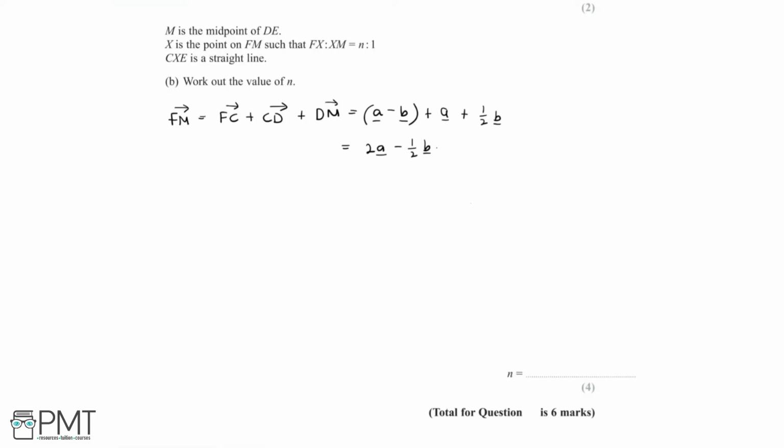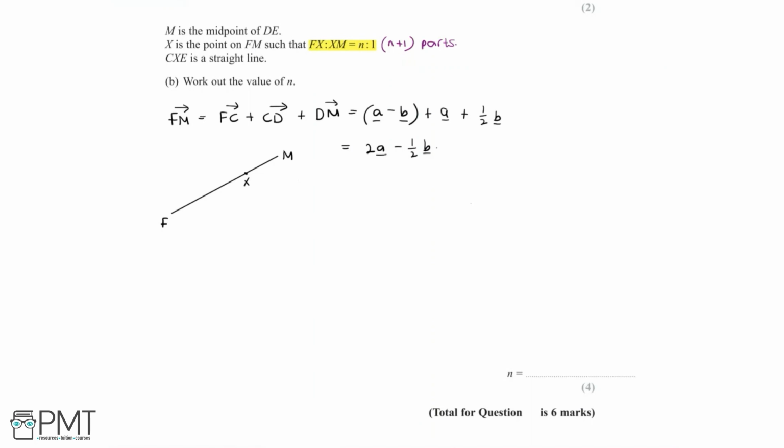Now let's see what this means in terms of our ratio, and we can use a diagram to help us. Well, we have the line FM in front of us, and X lies on this point, such that the ratio FX to XM is equal to n to 1. Now using this ratio, we can say that there are a total of n plus 1 parts. And so we know that FX has n of these parts, and XM has 1 of these parts.